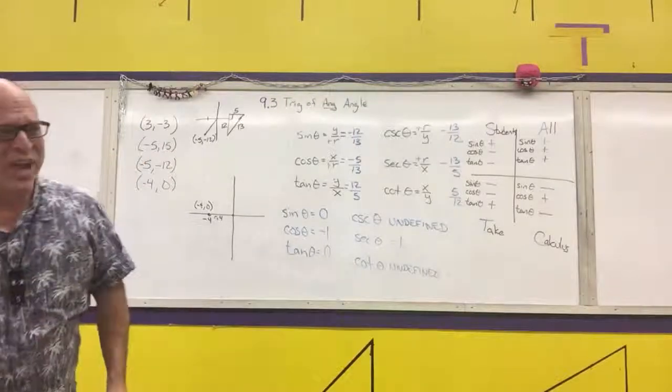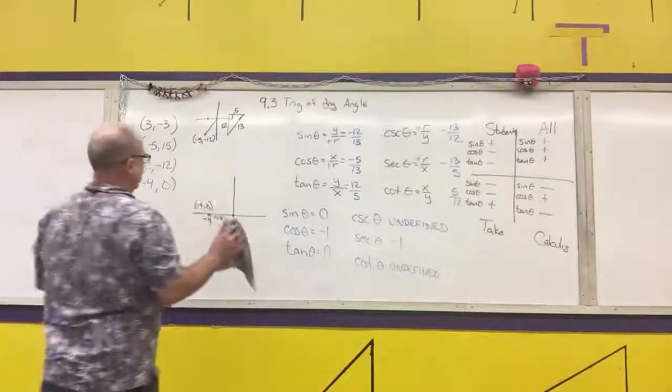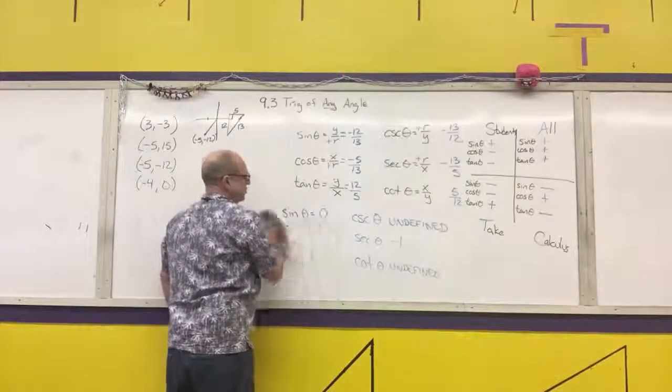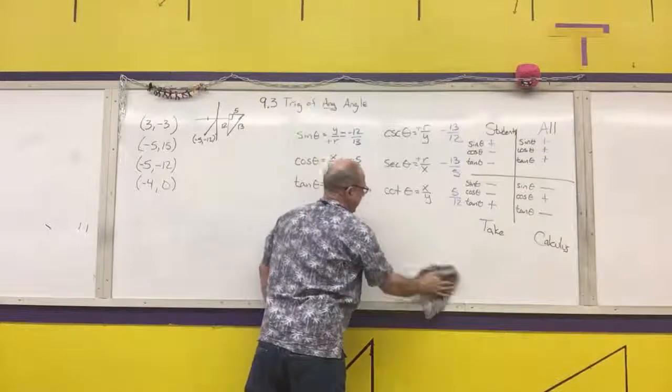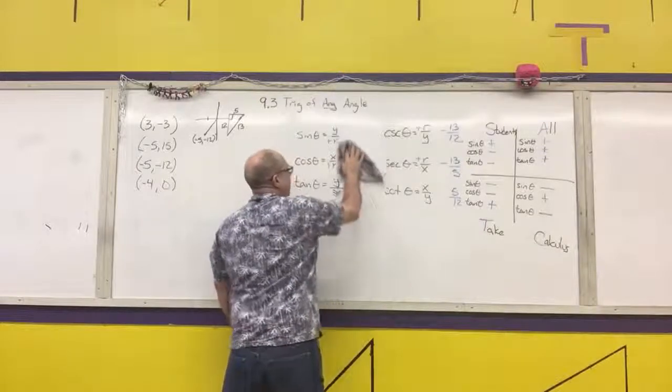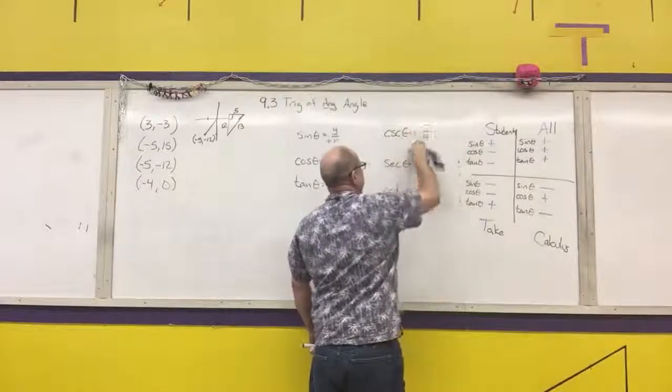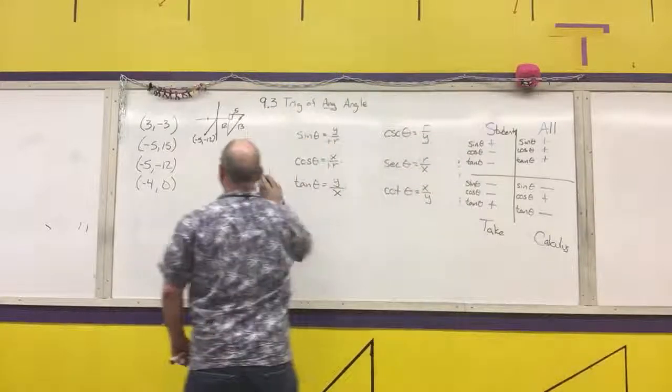One other way they can ask you to come up with the values of all the trig functions using the trig definitions of any angle is if they give you the value of one of the trig functions and a quadrant that it lies in.